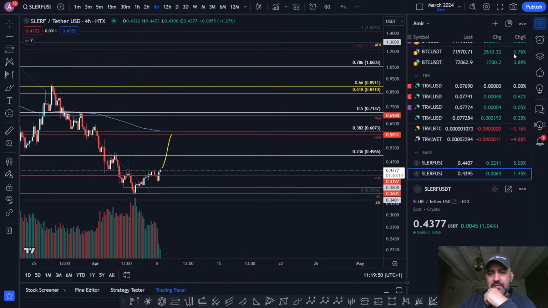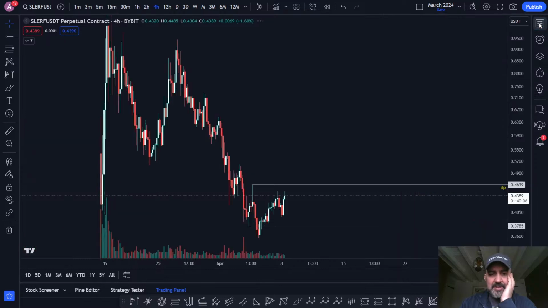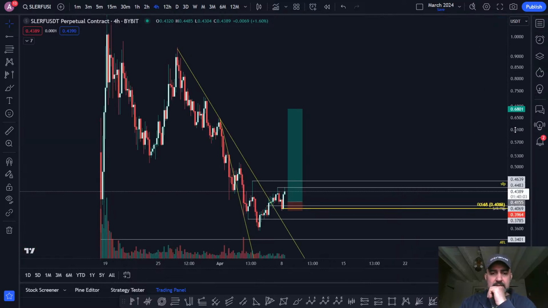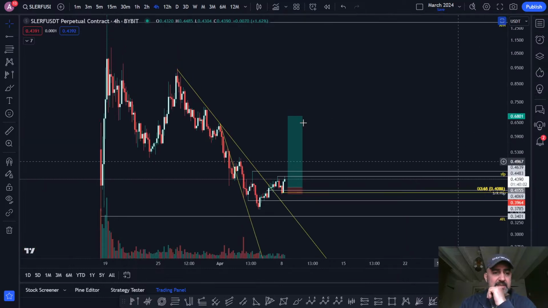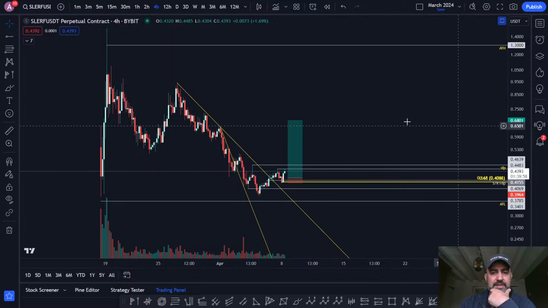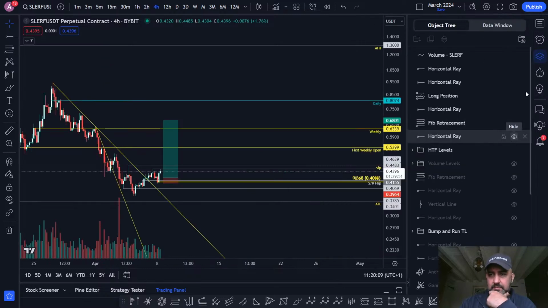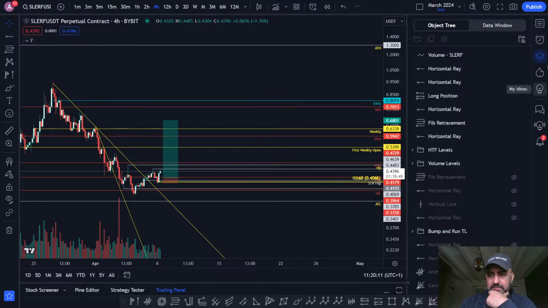If I go back to Bybit, now Bybit is my chart of choice, because I like to see what the traders are doing. I'm not really interested in what spot is doing. And then if I do exactly the same thing on Bybit, volume levels.